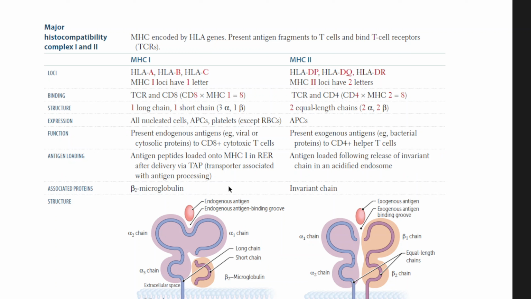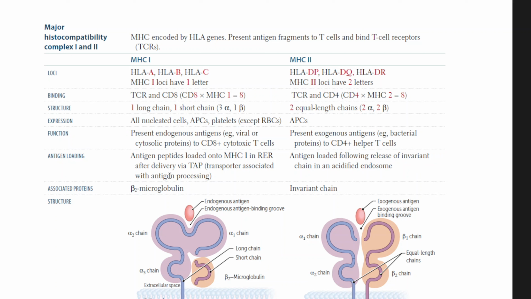What First Aid says is antigen peptides are loaded into MHC1 in the endoplasmic reticulum after delivery via TAP, transporter associated with antigen processing.